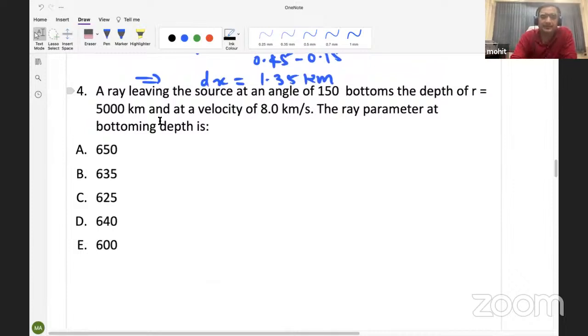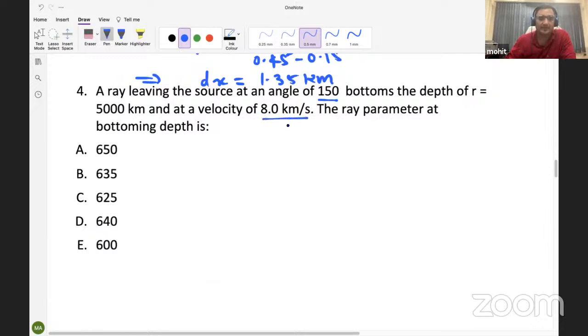And this question is about the ray parameter. And the question says that a ray were leaving the source at an angle of 150 degrees, bottoms the depth of r is equal to 5,000 kilometer at a velocity of 8 kilometer per second.